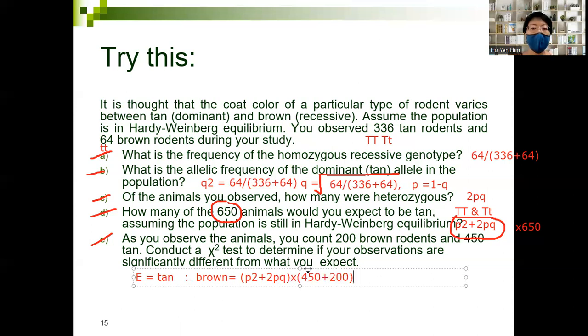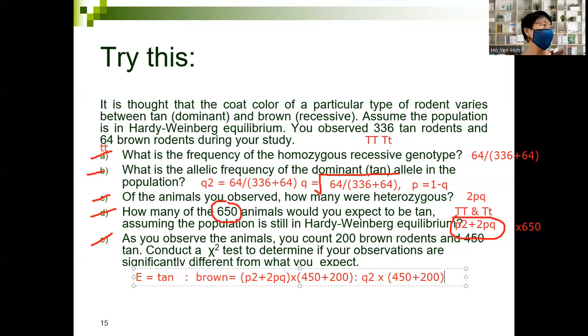How many of the total population have tan? Because this entire population size, 450 plus 200, is the total. So this is the percentage of the total having tan color, correct? To brown. Brown is q squared times total. Okay, can? This part you can or not?